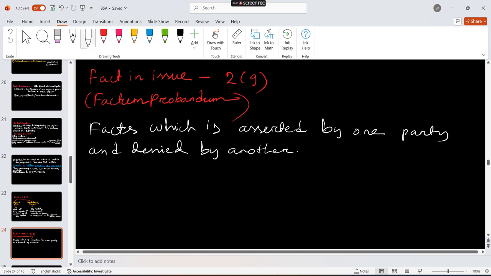Yes, ma'am. Okay, so please write it down, then we will discuss something else about fact in issue. The definition says any fact, either by itself, and so on.